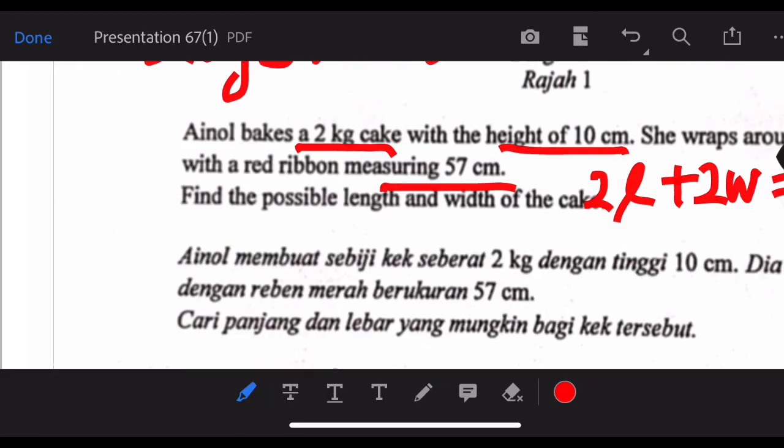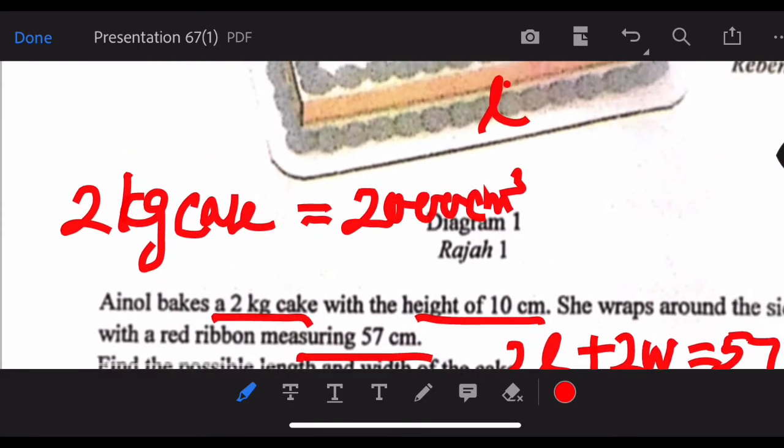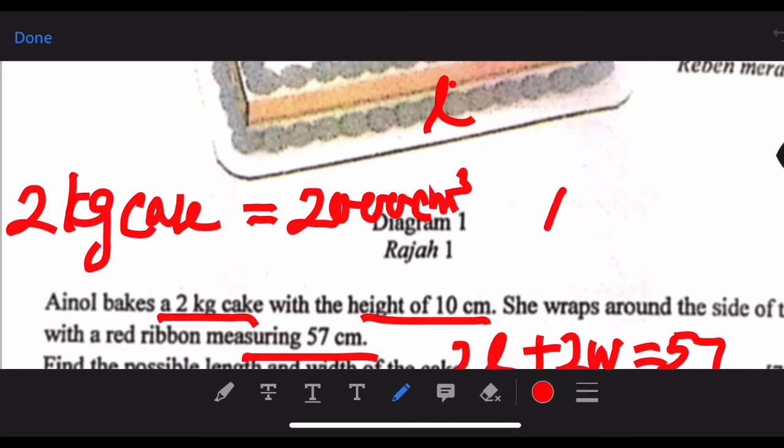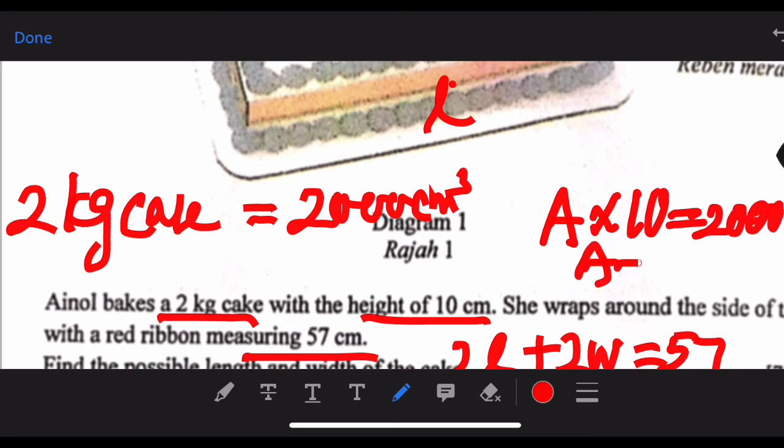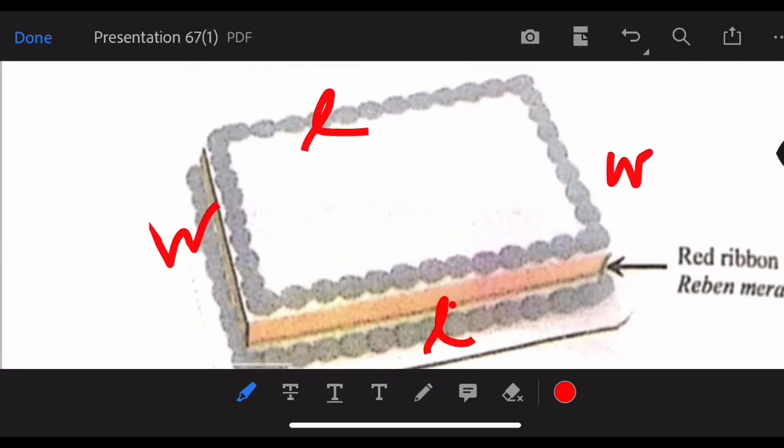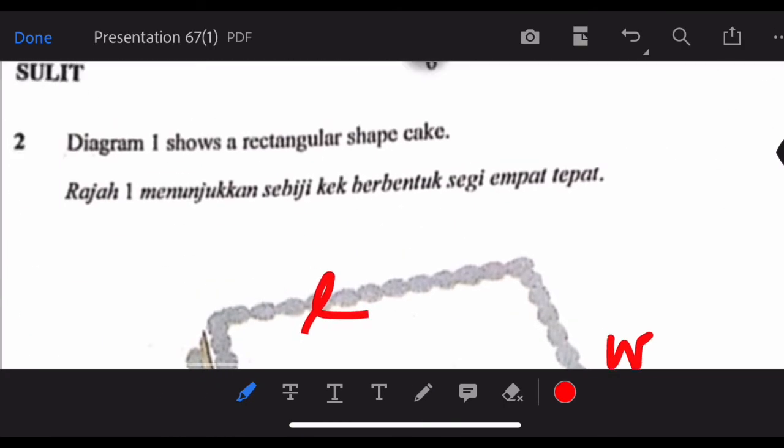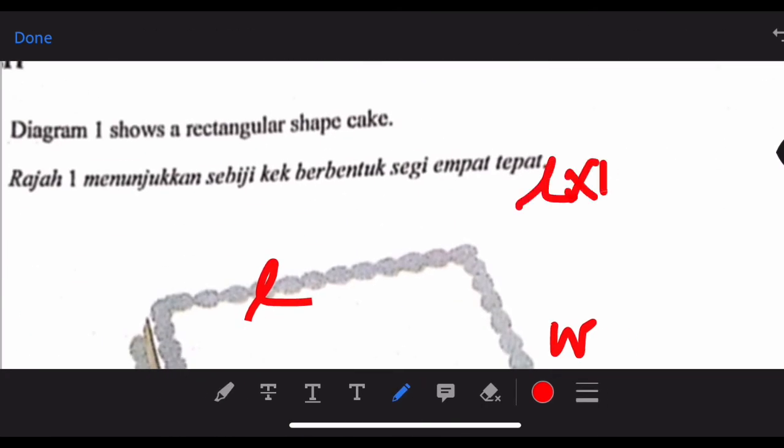So now the height is 10. That means the surface area A times 10 is 2000, the volume, right? So the area is 200. That's how you calculate. So the length times the width, the surface area, is equal to 200.